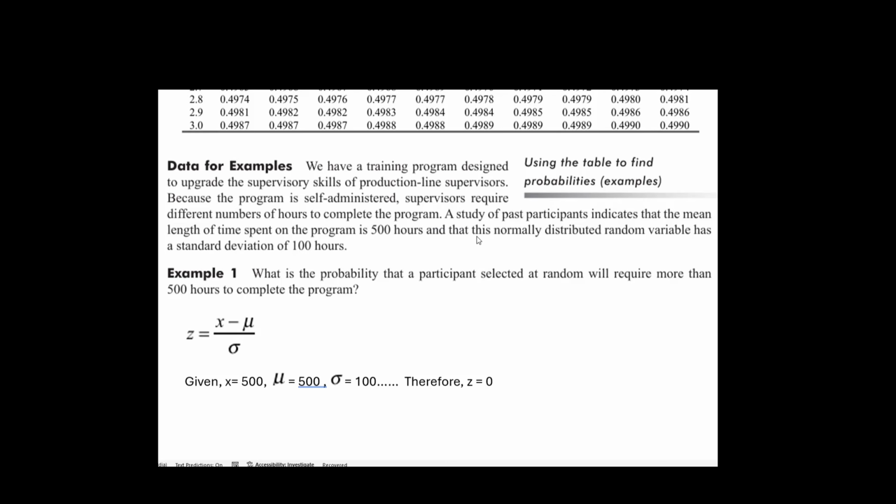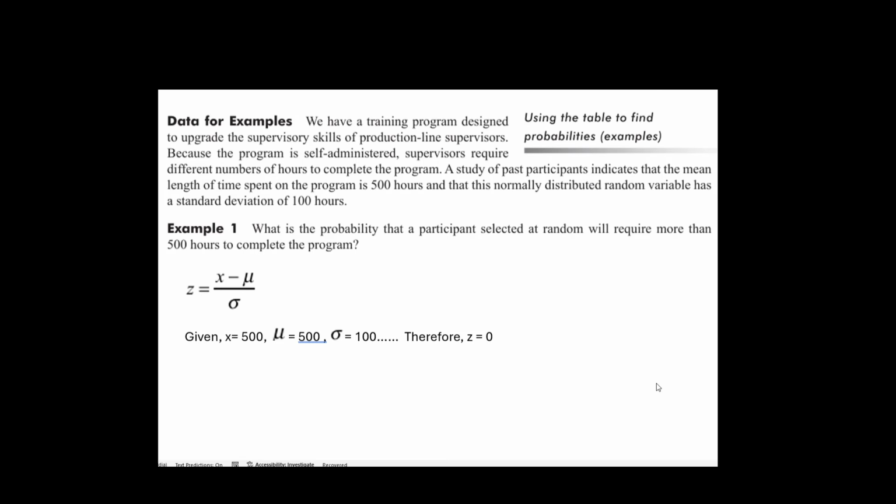The first question is, what is the probability that a participant selected at random will require more than 500 hours to complete the program? Our standardized score formula is Z equal to (X minus mu) upon sigma.